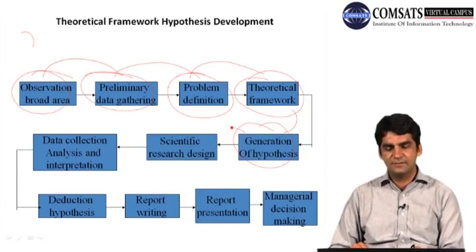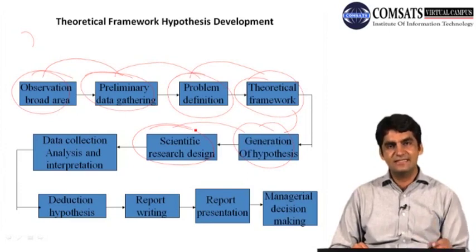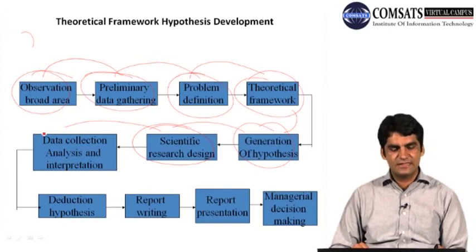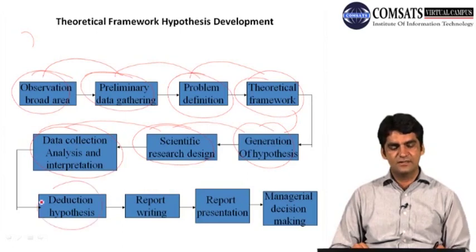After generating the hypothesis, we will try to do the scientific research design that we have already discussed, and after the scientific research design we do data collection, analysis and interpretation. After interpretation we do deduction of the hypothesis.